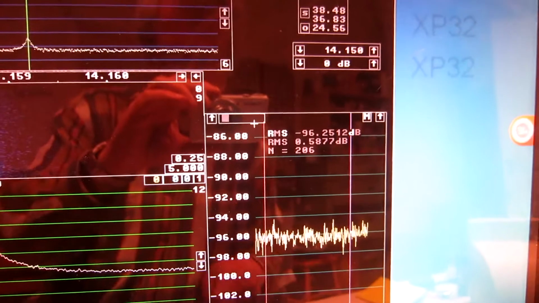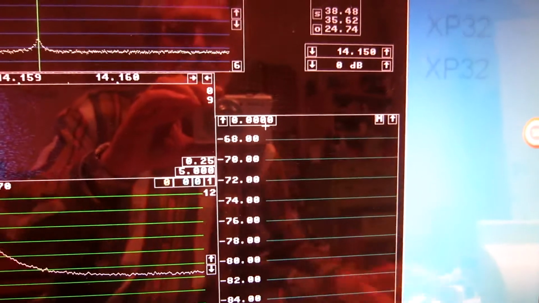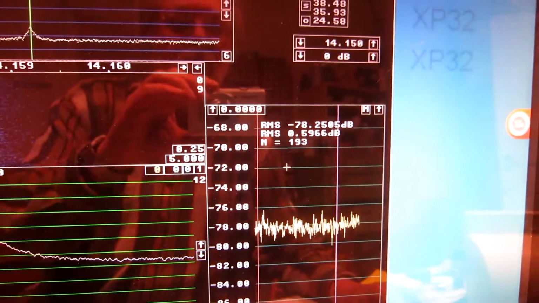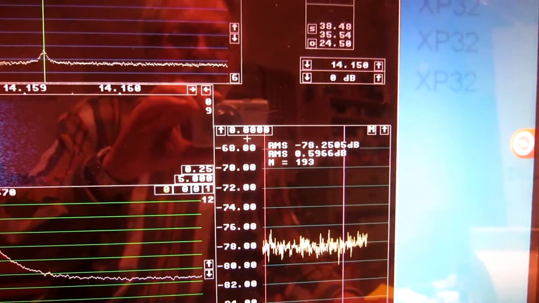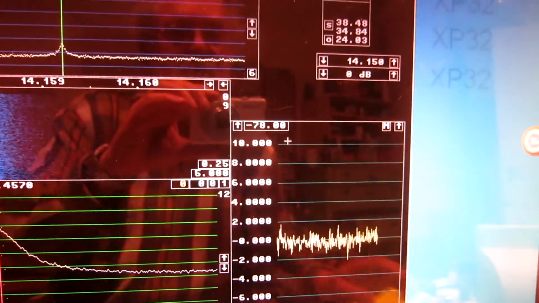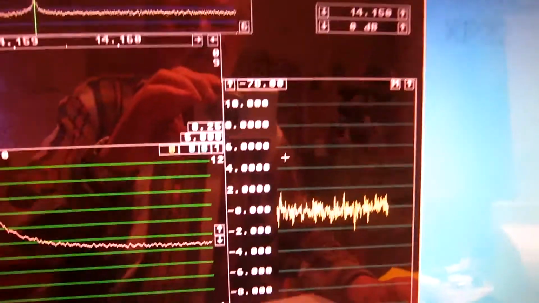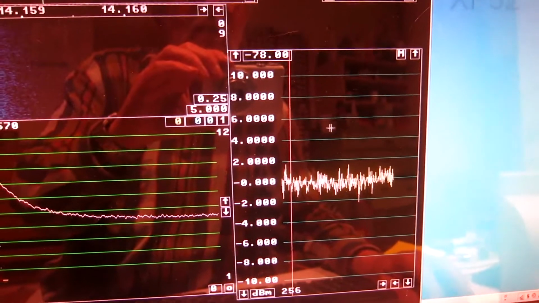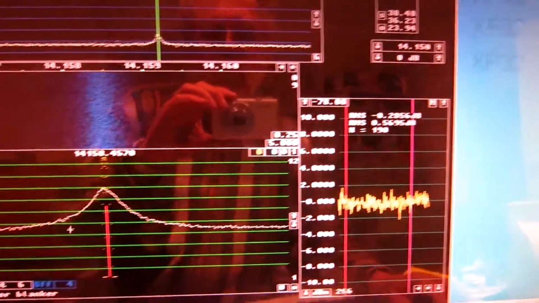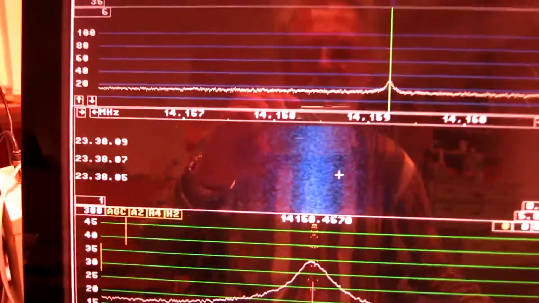I make this 0 and read the value again and feed minus 78 into this box. This way the noise level on the peak will become 0 within 0.3 dB this time.